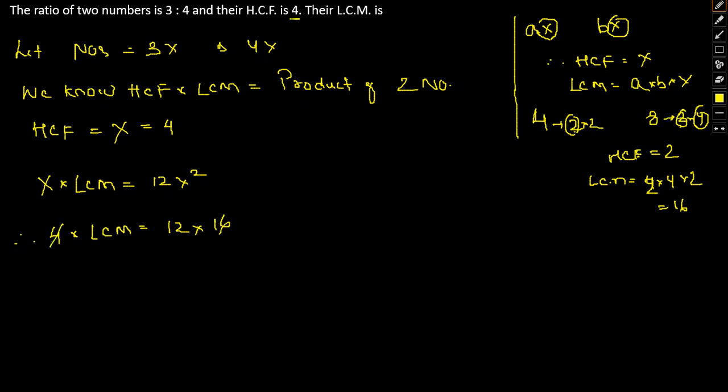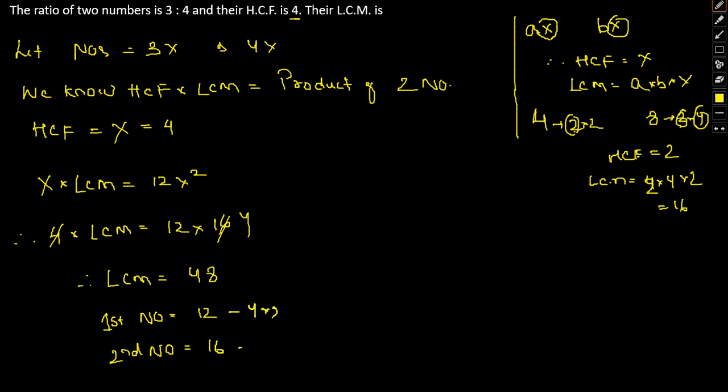So therefore LCM will be 48. So the first number equals 12 and the second number equals 16, that is 4 into 3 and 4 into 4. I hope this is clear how we approached solving this question.